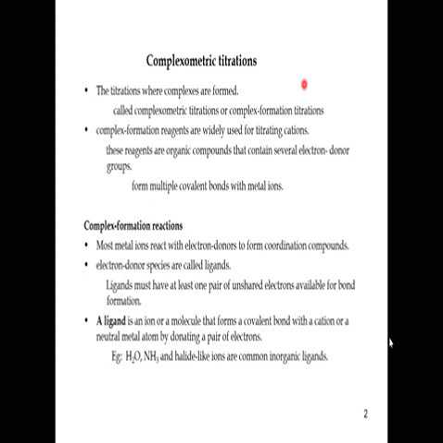So what are these reagents? These reagents are in fact organic compounds that contain several electron donor groups. Now you have to understand what we mean by the electron donor groups.